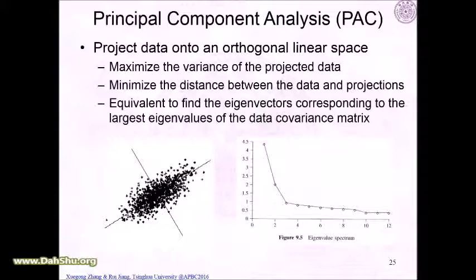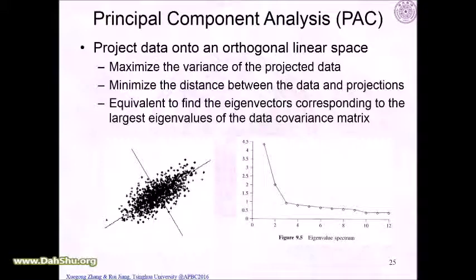This is equivalent to an eigenvalue decomposition. We find the eigenvectors with the largest eigenvalues of the data covariance matrix.